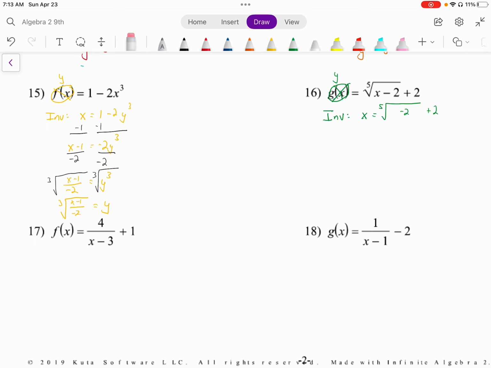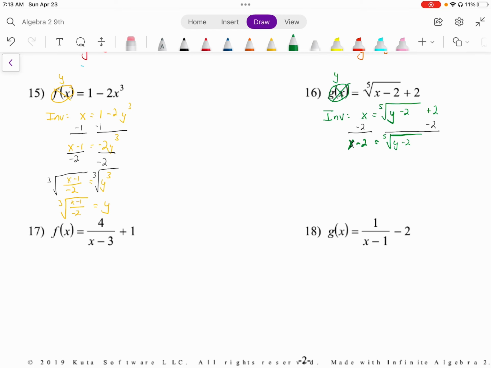We're switching x and y, so this needs to be y minus 2. And now we solve for y. So we want to get y by itself. So the first thing we do is we're going to subtract 2 from both sides, which gives us x minus 2 equals the 5th root of y minus 2.